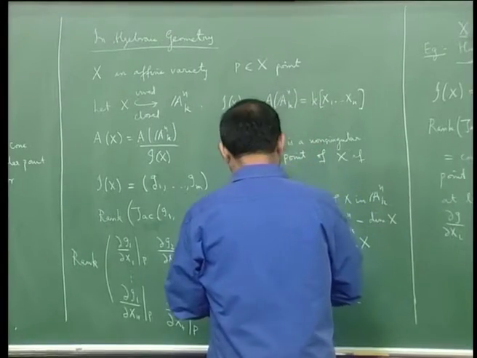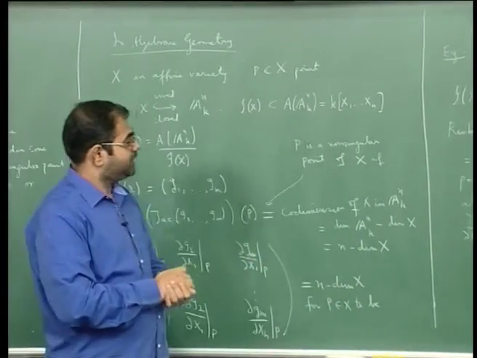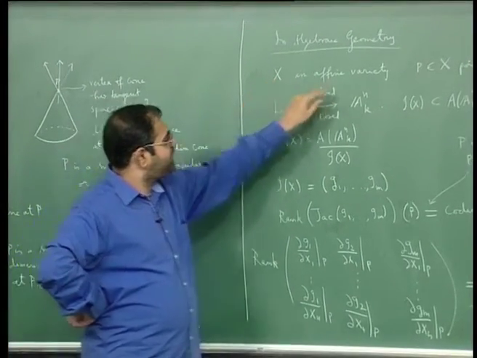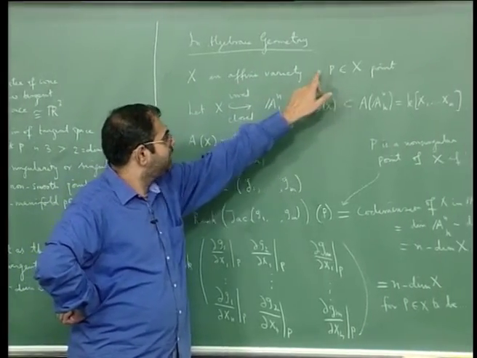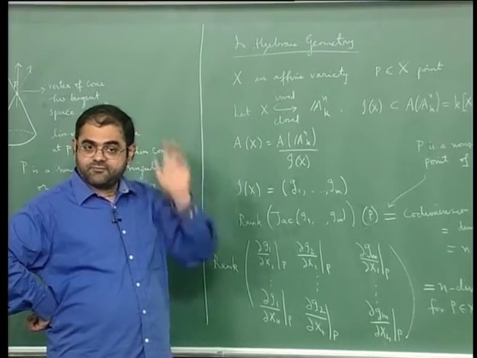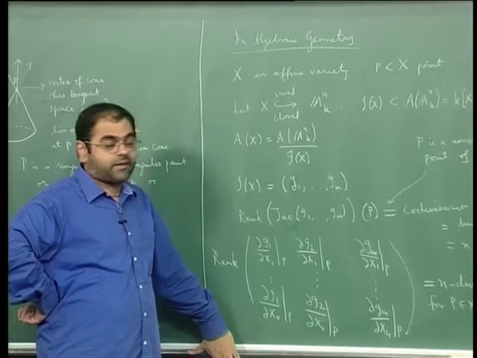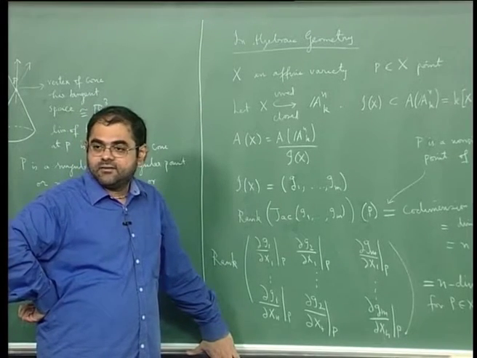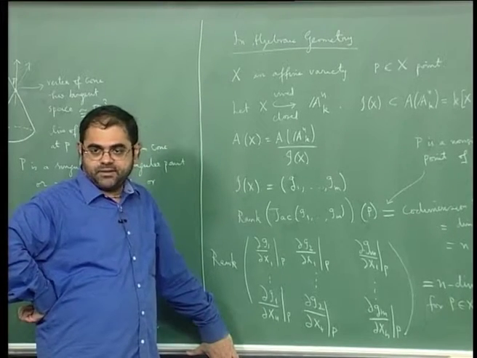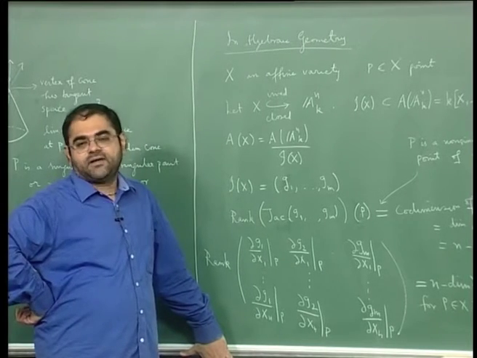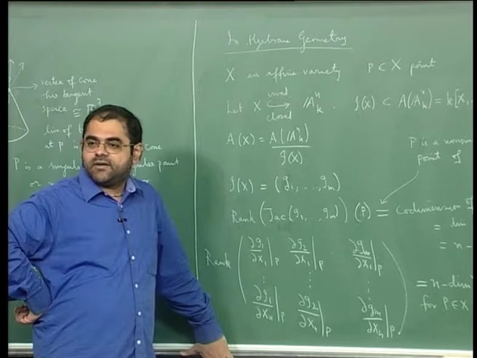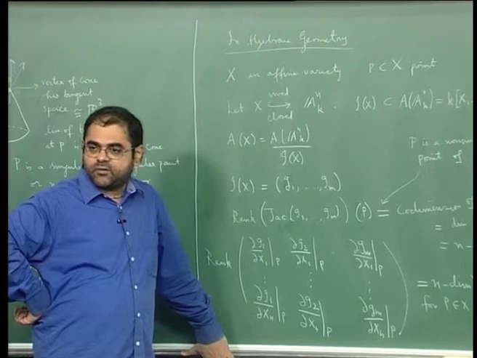But the problem with this definition is that there are two problems with it. The first problem is I have only defined non-singularity for a point of an affine variety. I have not defined non-singularity at a point for any variety, because a variety in general could be non-affine, it could be quasi-affine, it could be projective, it could be quasi-projective. But I can get over this problem because any variety is covered by finitely many open sets which are isomorphic to affine varieties.